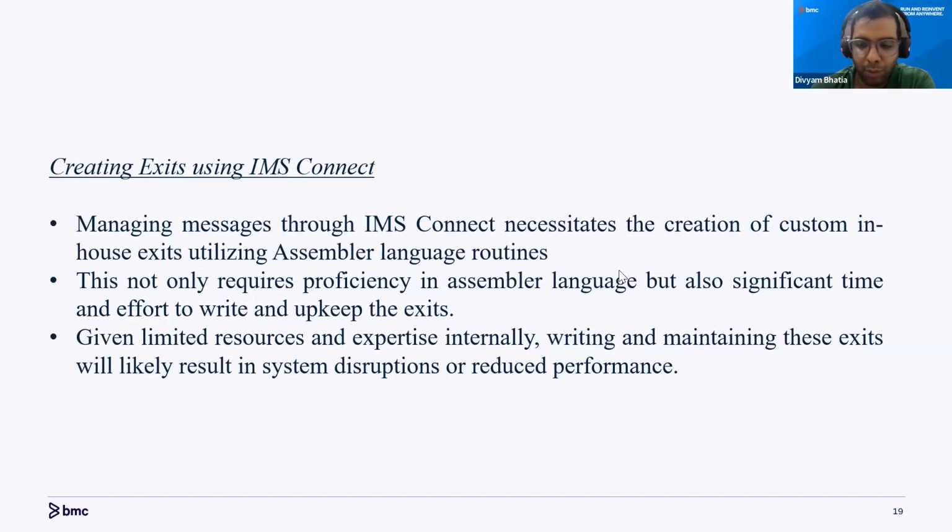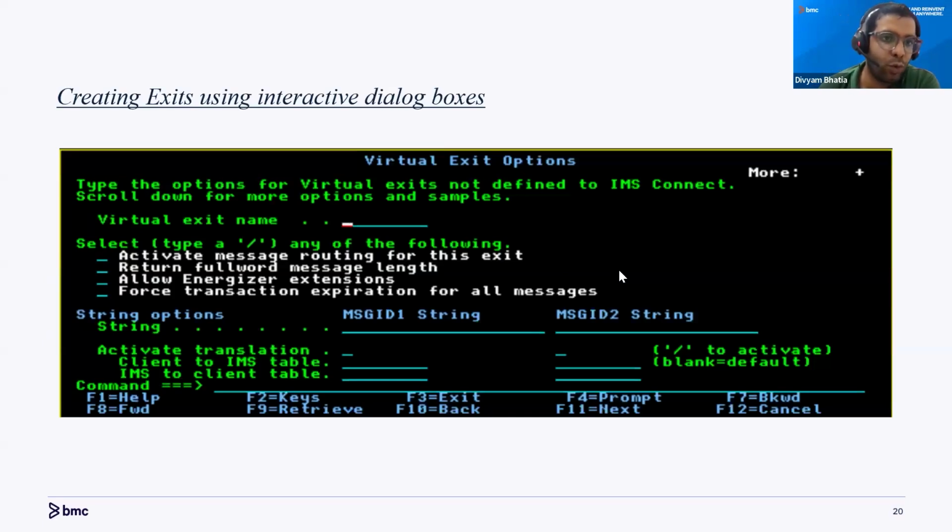To solve that problem, the Energizer product gives me an option of using interactive dialog boxes to create the exit. I will just briefly run through this. So this is the virtual exit that I'm trying to create. Here we need to type in the virtual exit name, whatever name the user chooses.